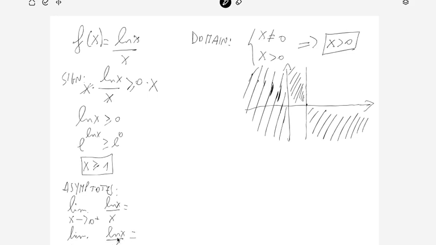Okay. So when x converges to 0, we have the logarithm of 0, which is minus infinity, over 0 plus, and the result is minus infinity, because minus infinity over 0 is infinity. So in order to understand the sign, minus infinity or plus infinity, you can do minus over plus, it is minus.